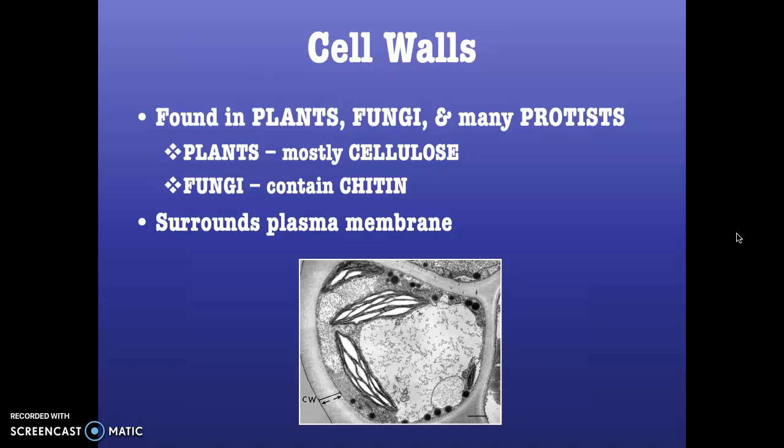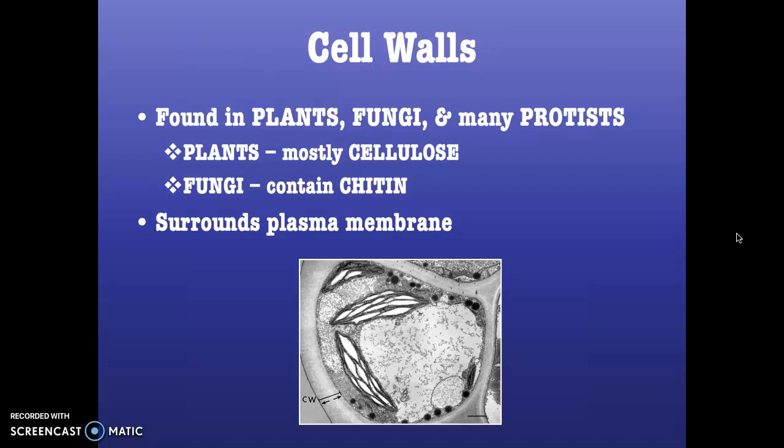The plants, as we mentioned earlier when talking about our macromolecules, are mostly cellulose, a very special type of polysaccharide, that is very rigid and hard to break down. In fungi, this is made up of actually a protein called chitin. Okay, so different macromolecules used for the same purpose.